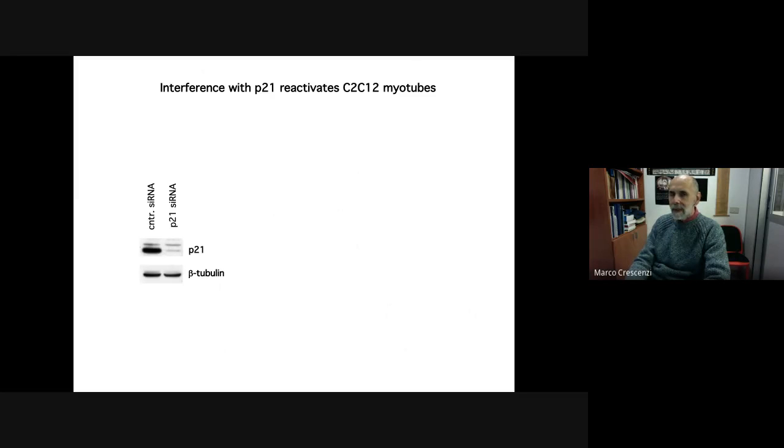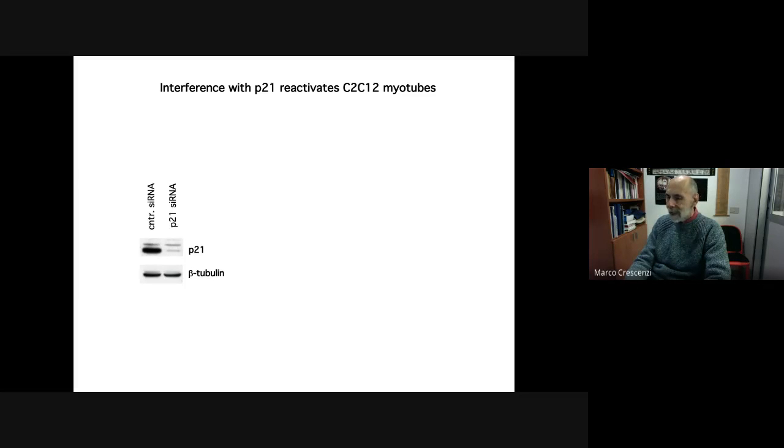But we thought that because the myotubes are so stubborn, so refractory to all attempts to reactivate their cell cycle, that they had a redundant network of different kinds of brakes that kept them from re-entering the cell cycle. We thought that P21 was perhaps just one of them, and that by removing P21, we would have simply facilitated the cell cycle re-entry in myotubes.